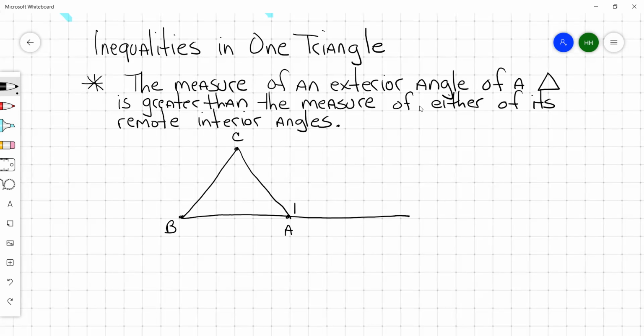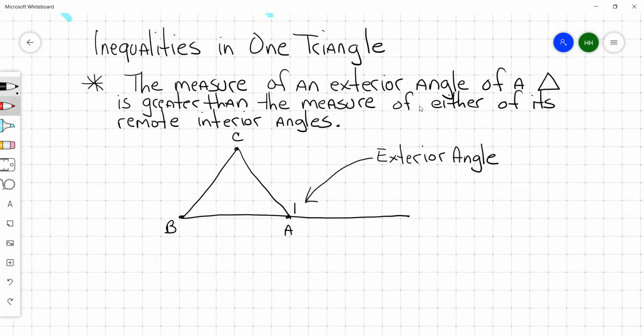Angle 1 is called an exterior angle. We talked about those earlier in the year. It's formed by the extension of a side and its adjacent side.